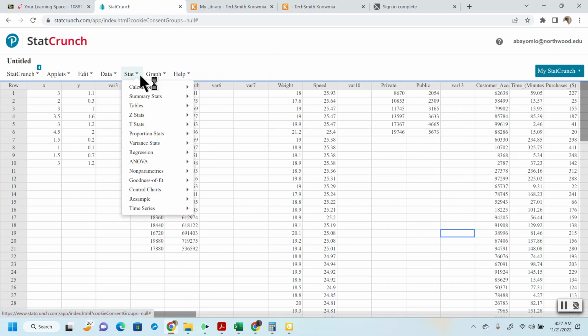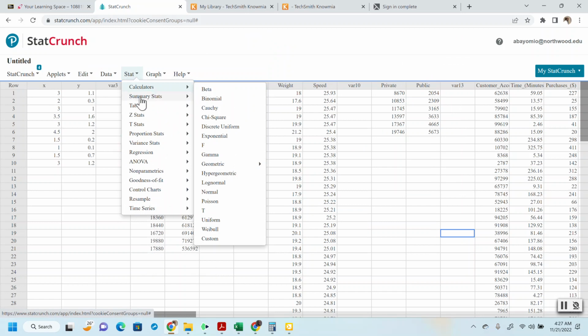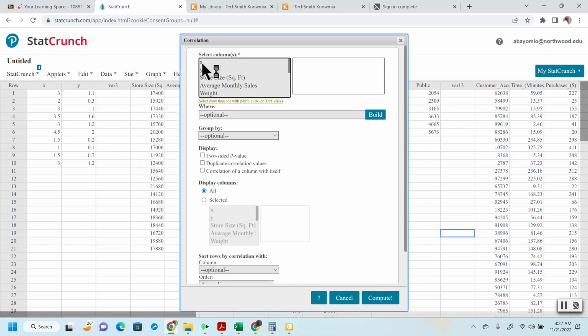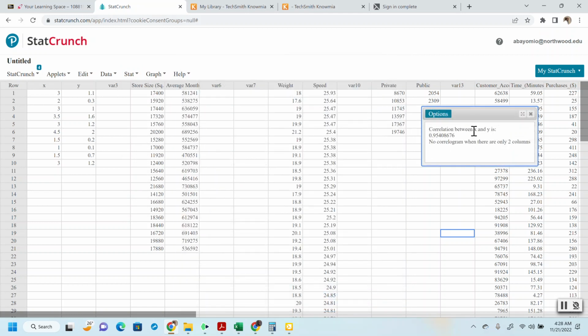It's as simple as going to Stats, go to Summary Statistics, and you see that there's a special tool for it here called correlation. Click on correlation, choose X, hold down the control button to choose Y, and you can click on compute. And this tells us the correlation between X and Y is positive 0.954 to 3 decimal places.